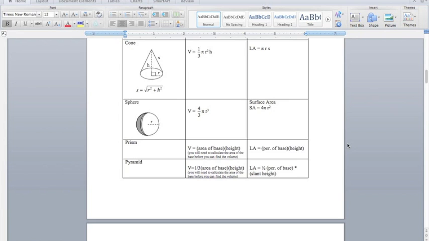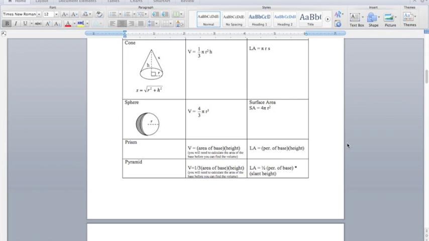Okay, those are going to be the three sections of formulas that are going to be important to us today. When it comes to the test on this chapter next Thursday, you will need to have your volume formulas memorized. You do not need to memorize the area formulas, but you do need to have the volume formulas memorized. Okay? So as you work through your assignment, work on kind of putting those ones into your memory.